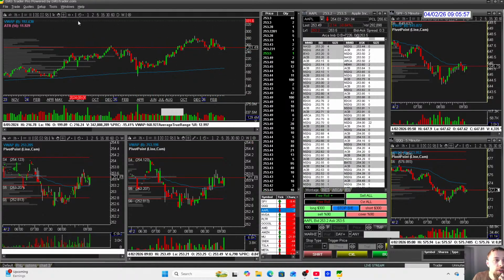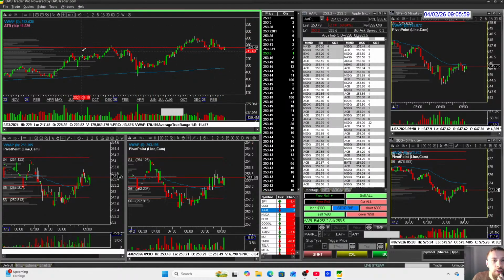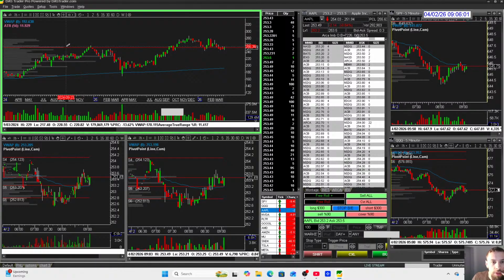Apple doesn't really have any volume. Can still draw our support and resistance though. Resistance 256. Area support 245.